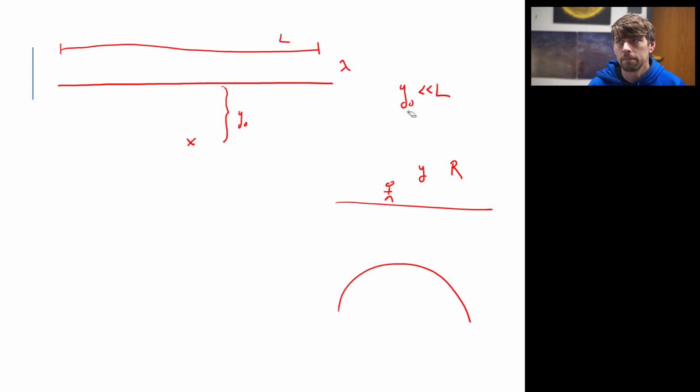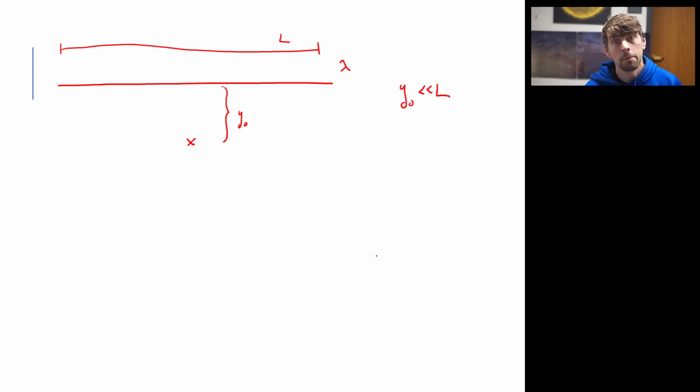This idea that we're close to the wire so it looks infinite is completely analogous, and it'll help us do some of the integrations and help generalize some of the results.